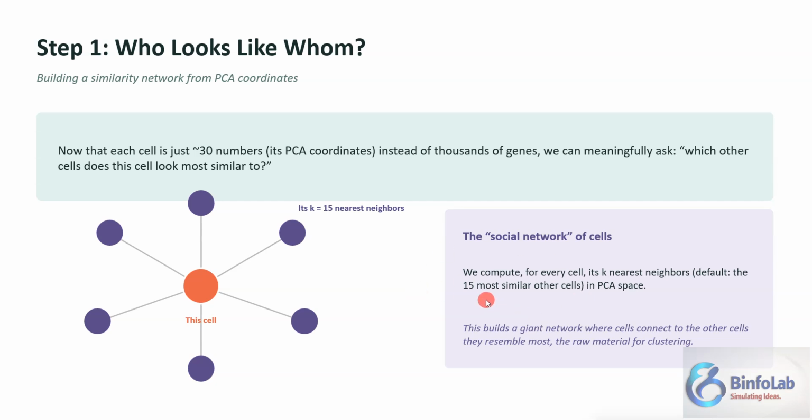Remember, you can change this value in your datasets. You can increase and decrease this K value, and from there you can decide which value is the best. Eventually, this will build a giant network where each cell connects to the other cells it resembles the most, the raw material for clustering.